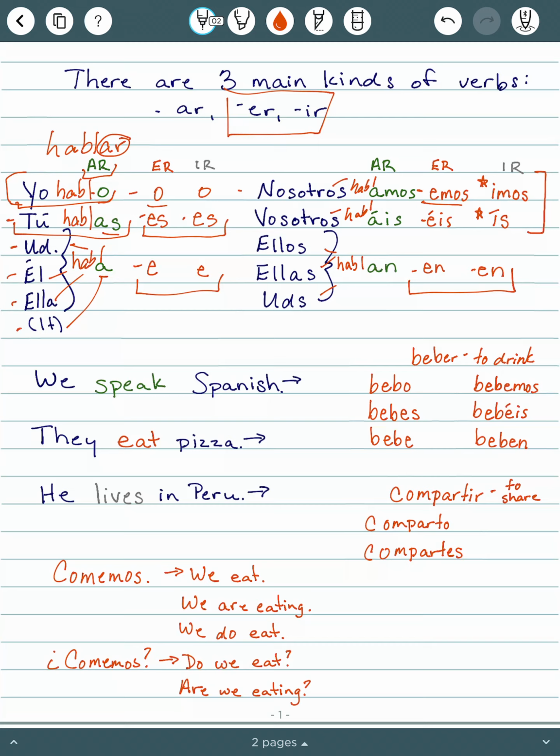Usted, él, ella, or it, we're going to change that IR to an E. Now nosotros, take off that IR. We are sharing. Again, it's an IR verb, so compartimos. Vosotros, you all are sharing, just in Spain, will be compartís. And then they are sharing, or you all are sharing, comparten.